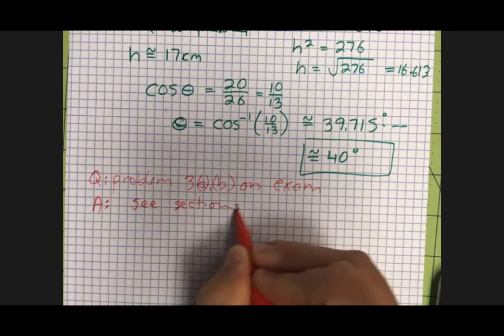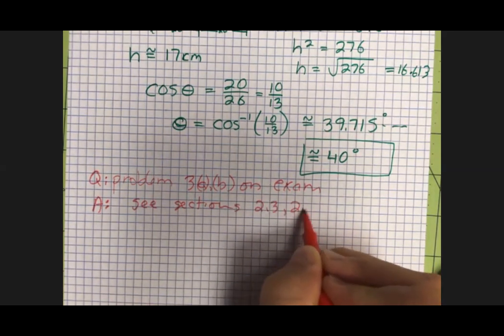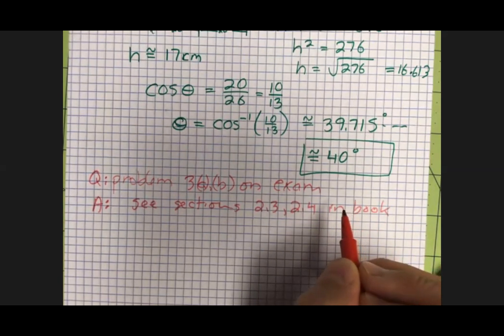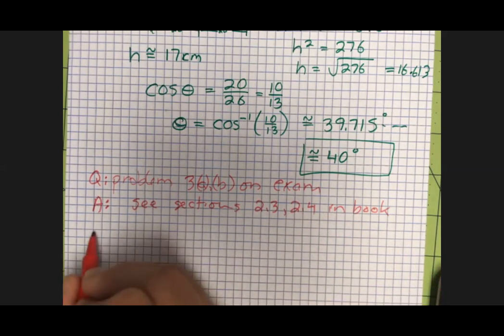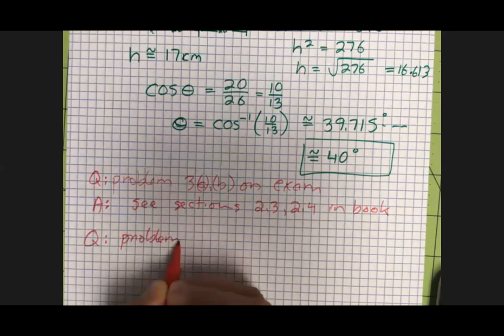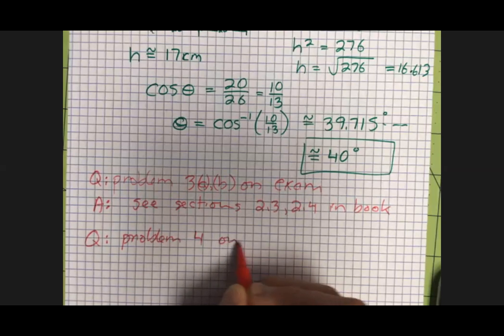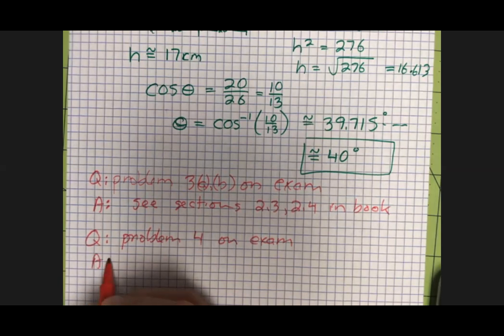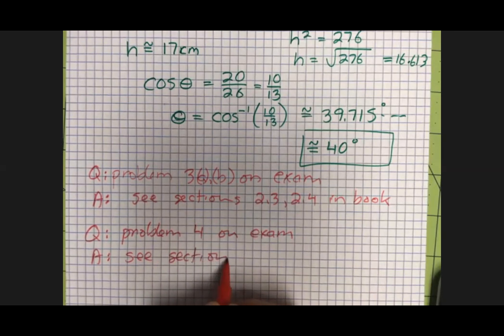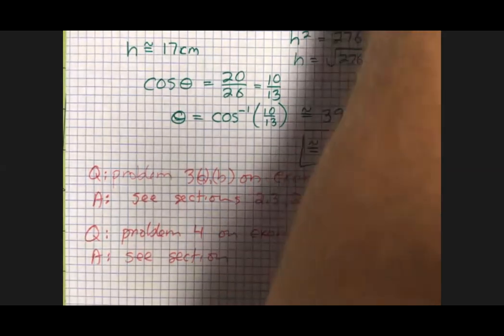See sections 2.3 and 2.4 in the book. And the other one you asked for, question 4, was about the roadway. And you said section 3.4.